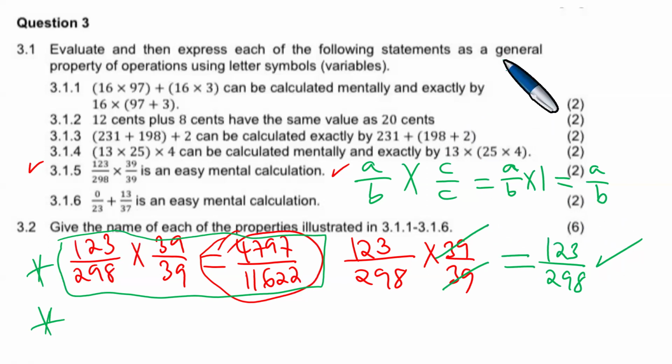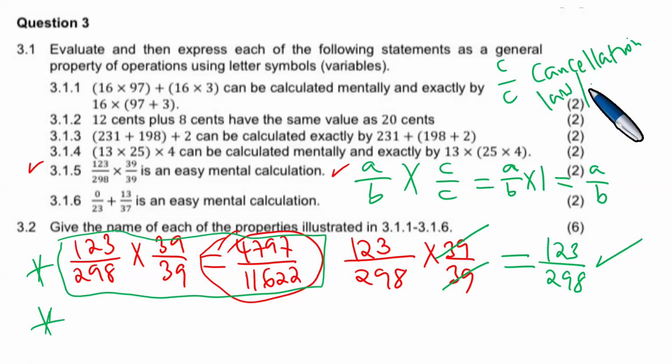C over C is called the cancellation law. If you don't want to call it the cancellation law, you can call it the cancellation property.